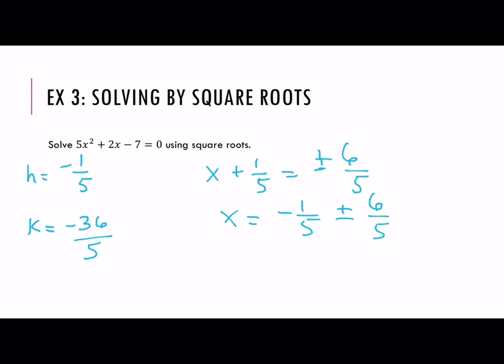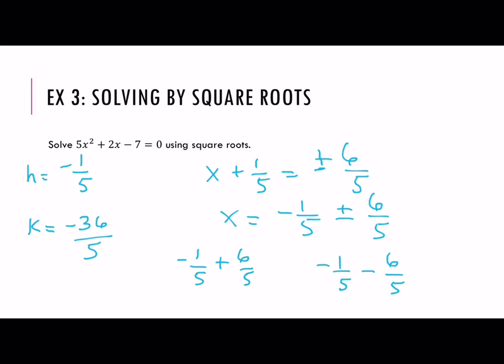Alright, now if we had a square root where we have the 6/5, this would be probably close to a final answer. But since both of these are fractions without square roots, they can be combined, so the simplest form would be to actually go ahead and add those fractions. So we have two answers. We have, first of all, -1/5 plus 6/5, and then we also have -1/5 minus 6/5.